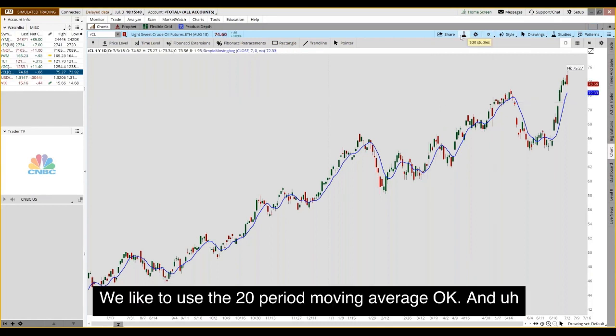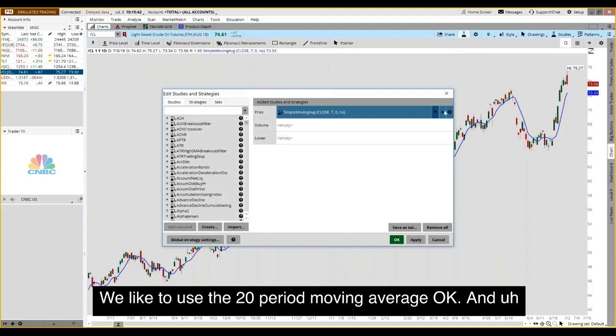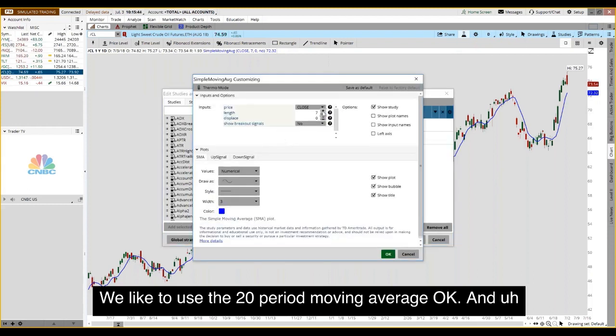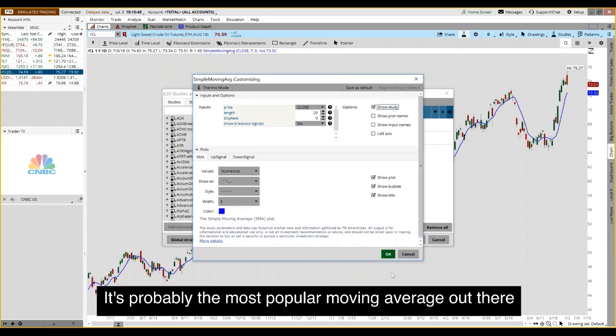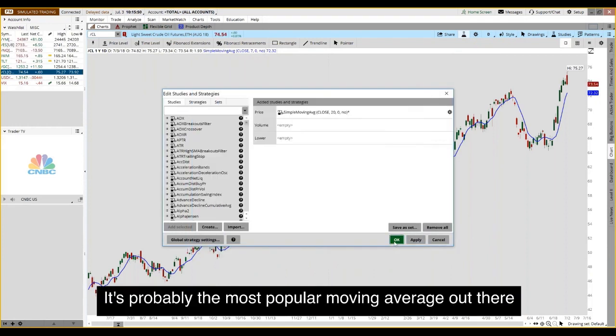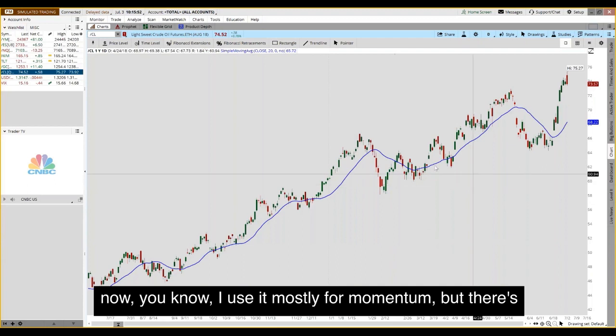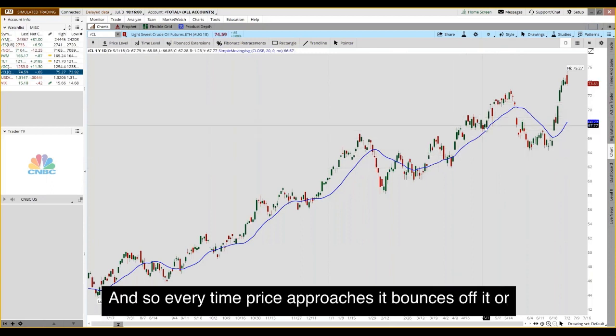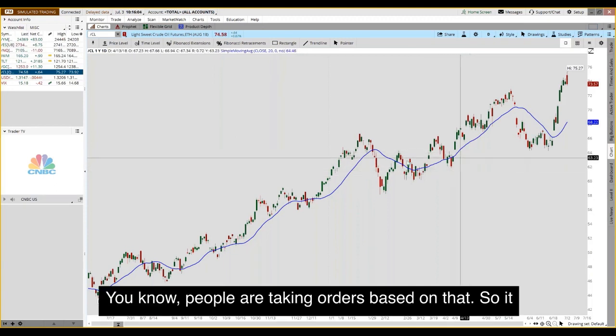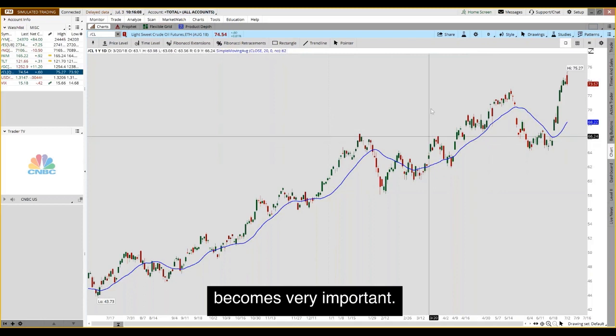We like to use the 20 period moving average, and it tends to work very well. It's probably the most popular moving average out there. Now, I use it mostly for momentum, but there's a lot of eyes on the 20 out there. And so every time price approaches it, bounces off it, or breaks through it, people are taking orders based on that. So it becomes very important.